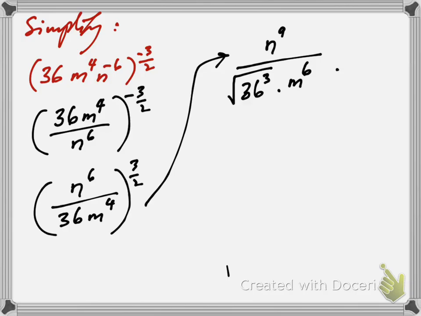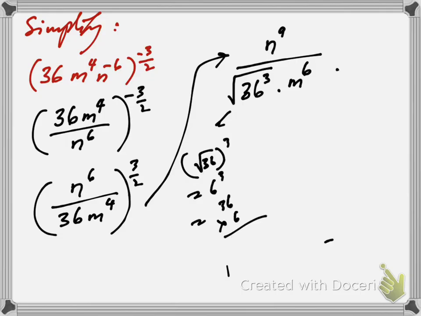The only thing now missing is simplifying 36 to the power 3 over 2. That'll be the square root of 36 cubed, which is the same as 6 cubed, which is 36 times 6. That's 6 times 6, 12, 2 carry 1, 3, 6, 18, 19, 216. So you end up with n to the power 9 over 216 m to the power 6.